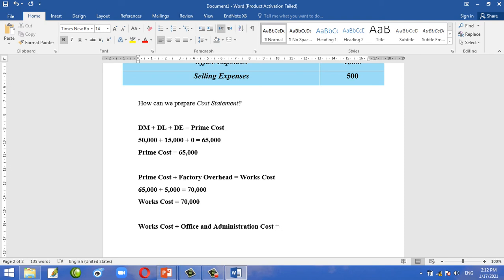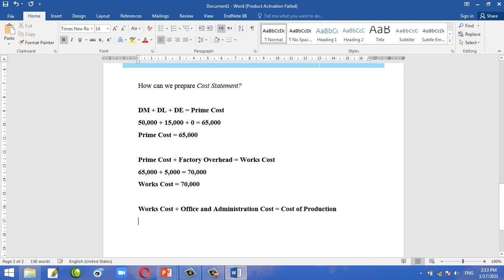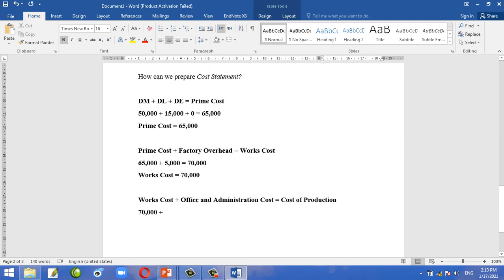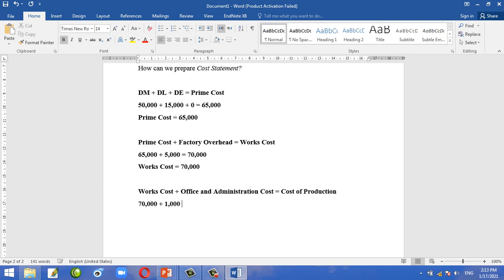Works cost is 70,000. I will write here 70,000 plus office and administration. Office expenses are how much? 1,000 plus 1,000 is equal to 71,000. So cost of production is equal to 71,000.